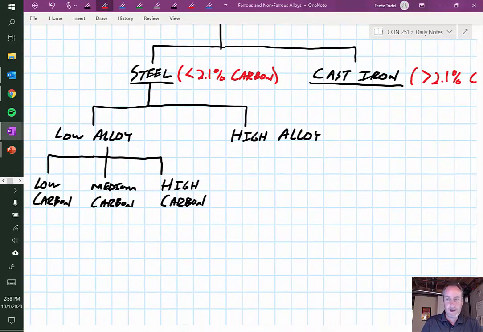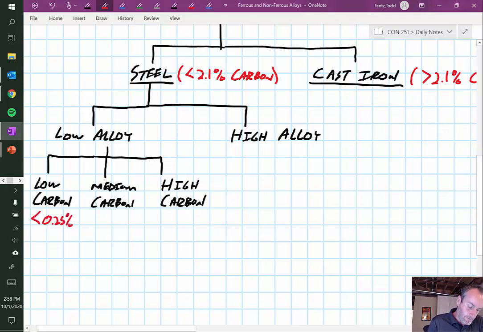A low carbon would have less than 0.25% carbon, and a medium carbon would be between 0.25% and 0.6%. These are still really small values as a percentage of your total material. In a high carbon, we're talking 0.6% up to 1.4%.